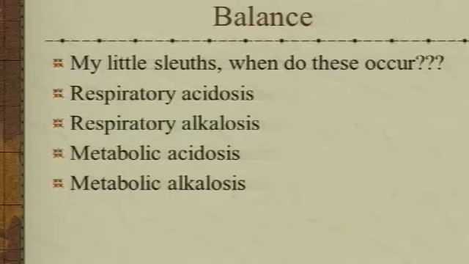So you want to ask yourself, is this patient retaining too much carbon dioxide? And carbon dioxide is acidic or basic? It's acidic. So they're retaining too much carbon dioxide. They are going into respiratory acidosis because they can't get rid of that carbon dioxide.